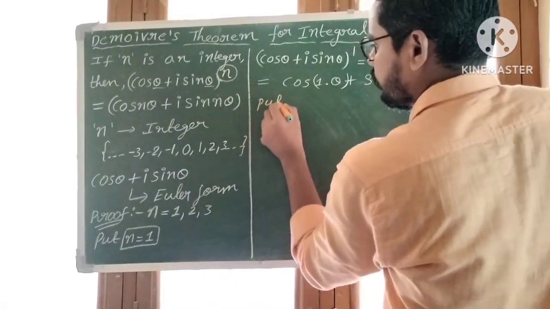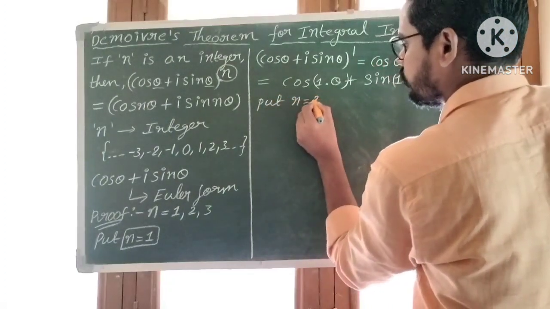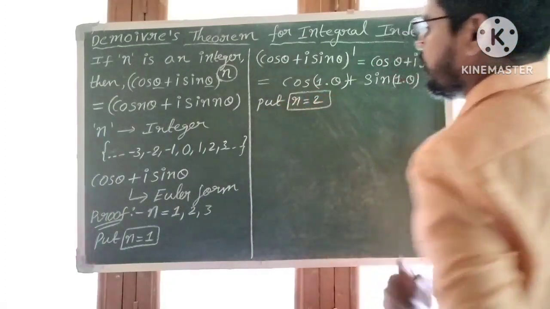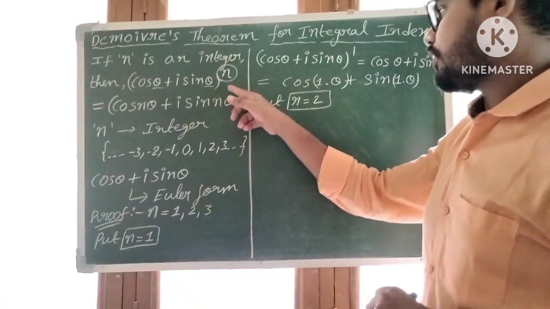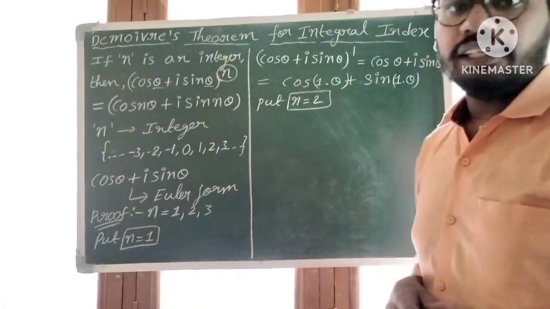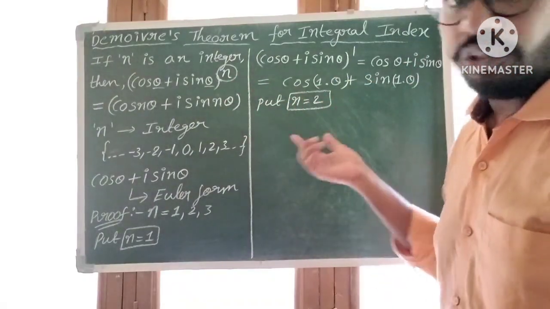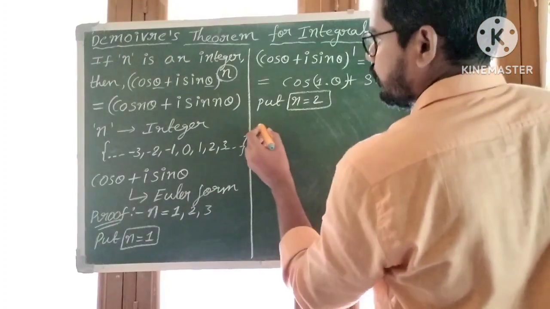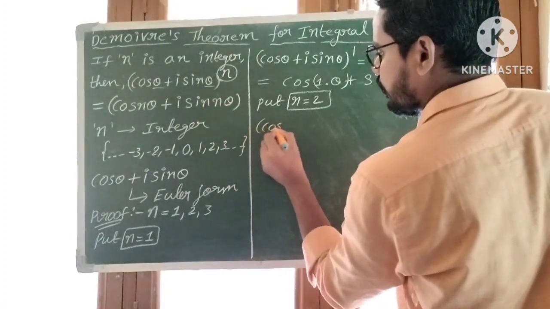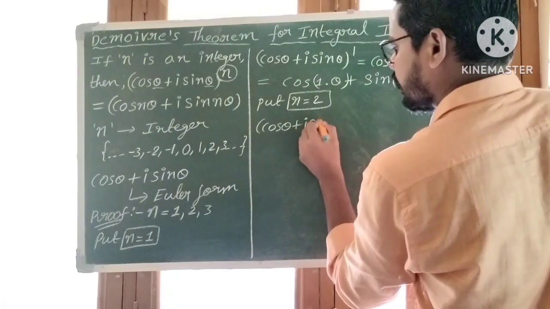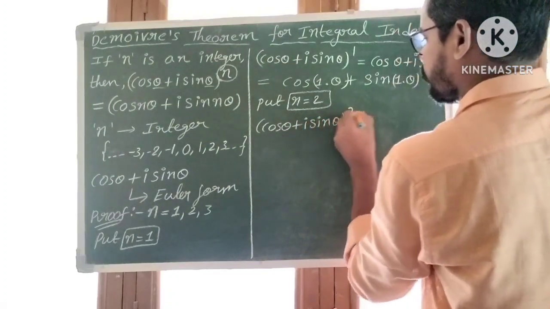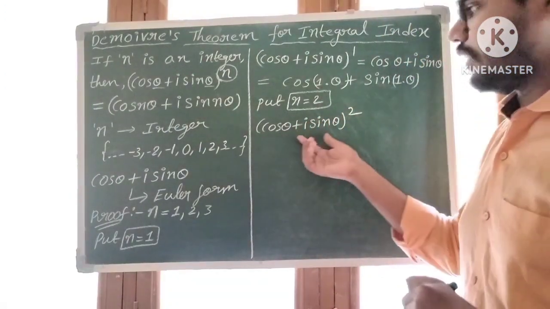Now put n is equal to 2. Let us verify this formula for n is equal to 2. Cos theta plus i sin theta whole square.